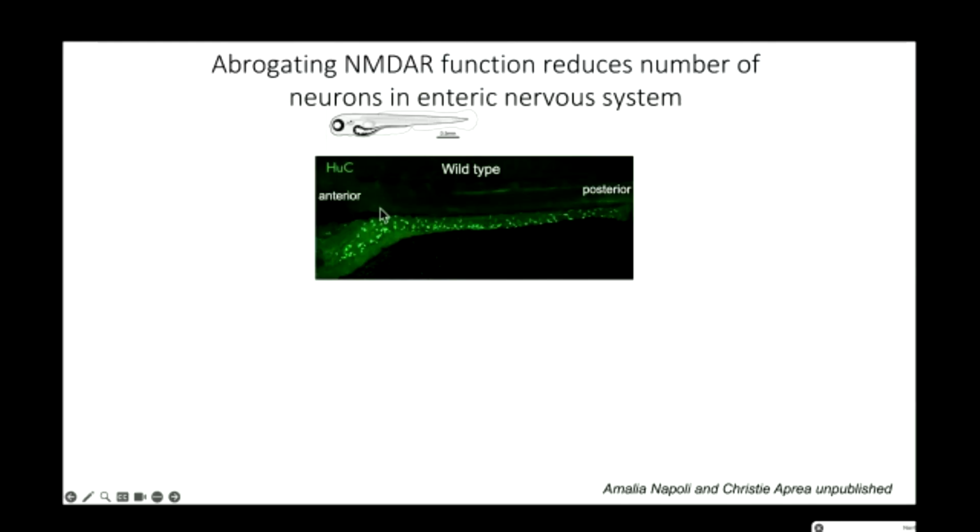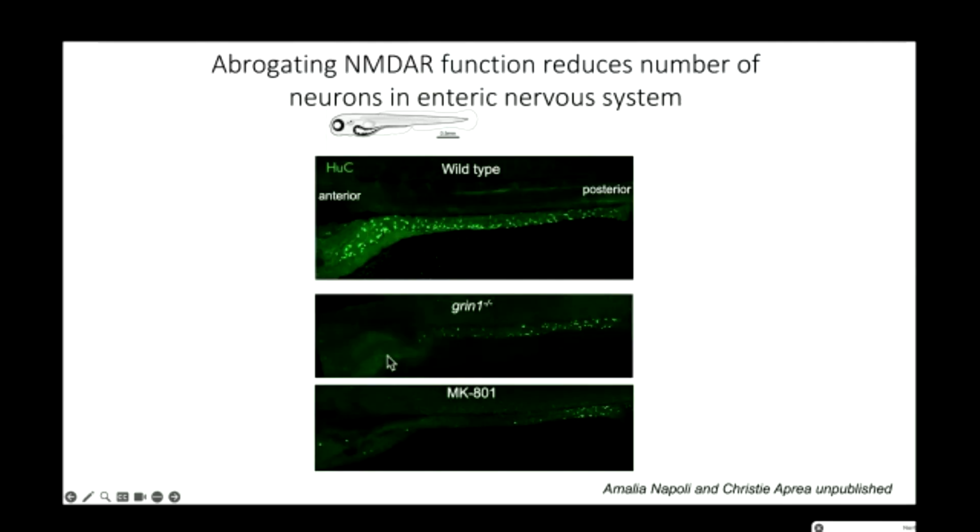And so this is a wild type fish, and what's in green here are the cells of the enteric nervous system. Now if we look in GRIN1 mutants, there are many fewer green spots, or if we treat with an NMDA receptor antagonist, there are many fewer cells in the enteric nervous system.